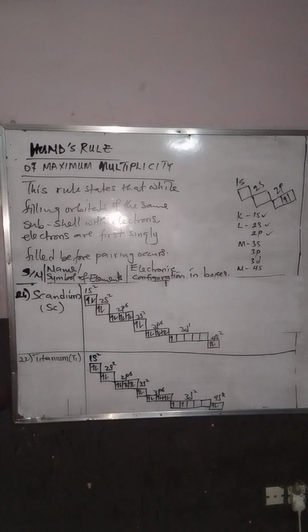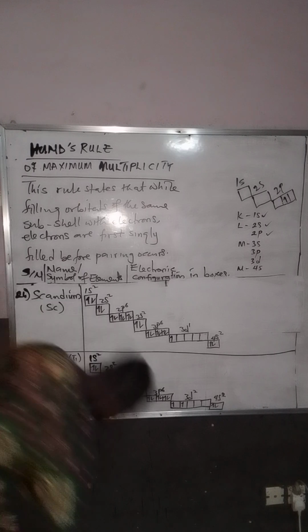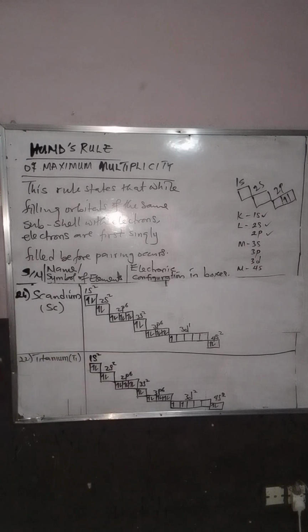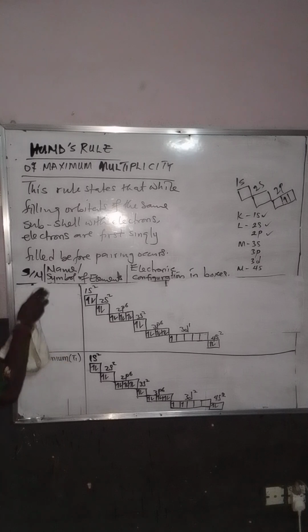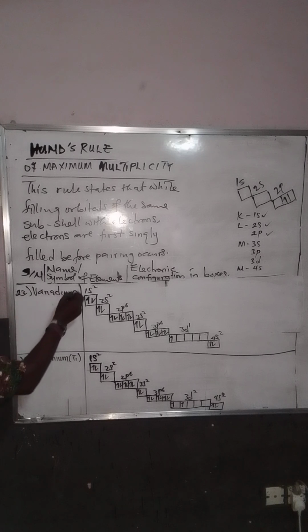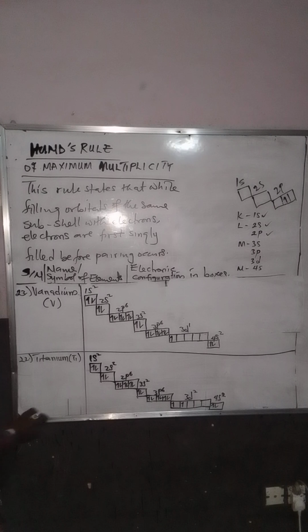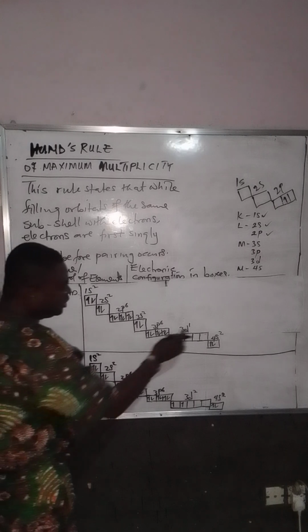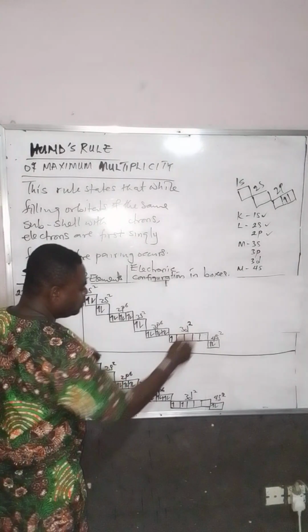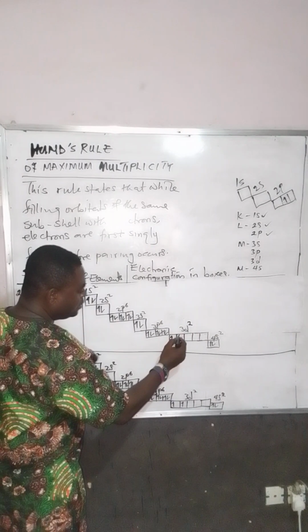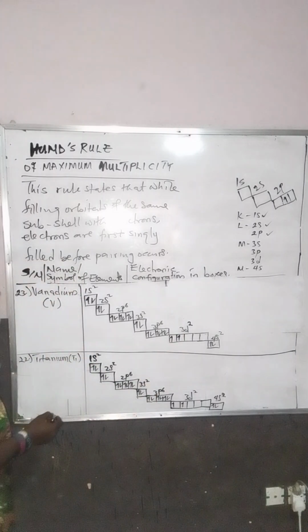So the next one is going to be vanadium, that's 23. Vanadium V. So it's just to change this into 2 and put one more here.